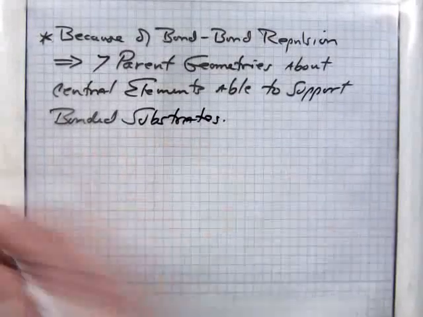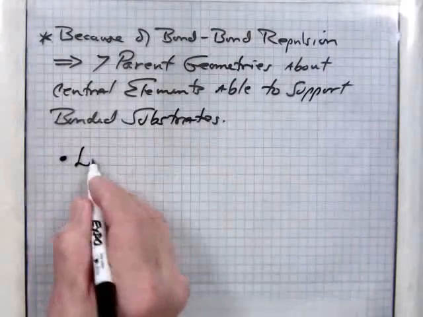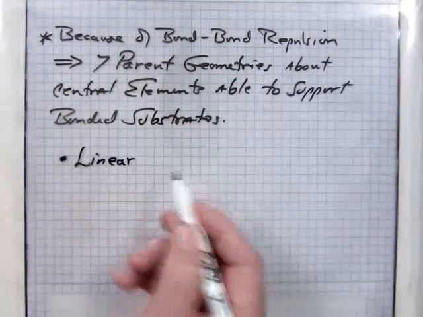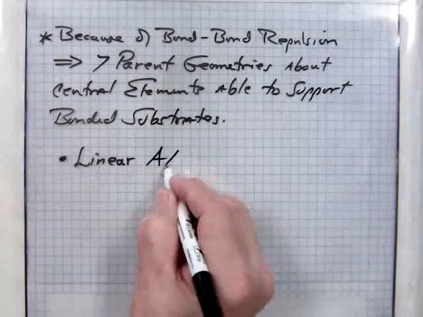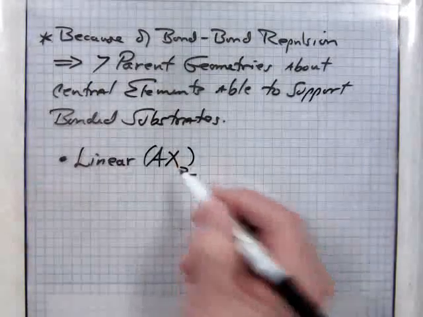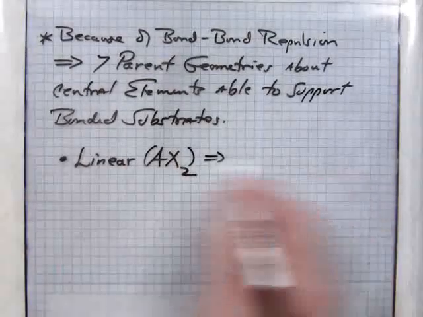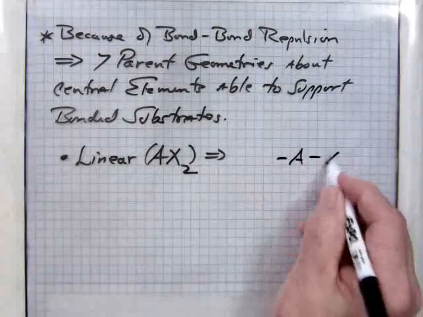We just saw one, and that was a linear geometry, and is given an AX2 empirical formula, which gives us a central element, A, and attachments we call substrates.